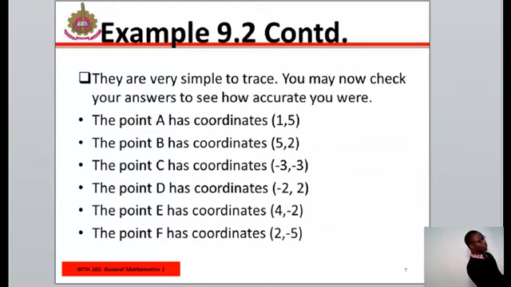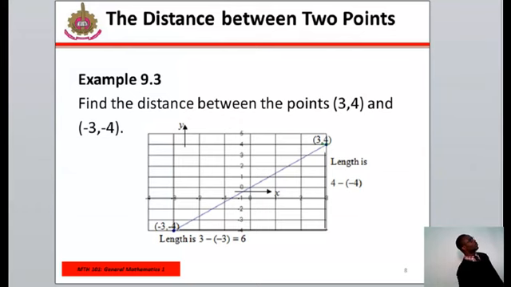Now, the distance between 2 points. Like I told you earlier, a coordinate is used to locate the reference point of a point on the coordinate system, with respect to the y and x axis.